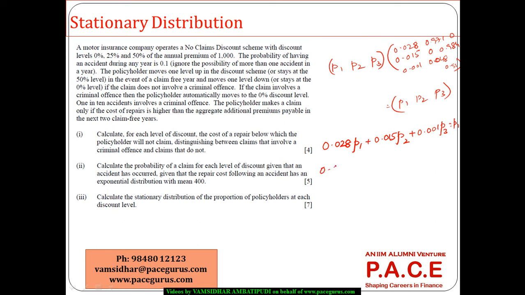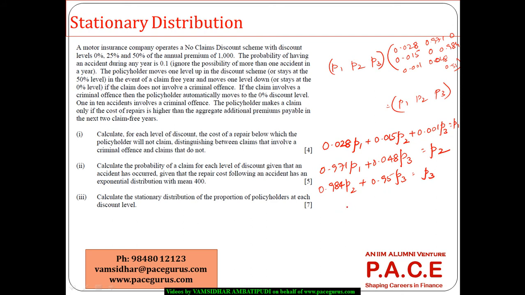Similarly, 0.971 P1 plus 0.048 P3 is equal to P2. Then the third one is telling me 0.984 P2 plus 0.95 P3 is equal to P3.